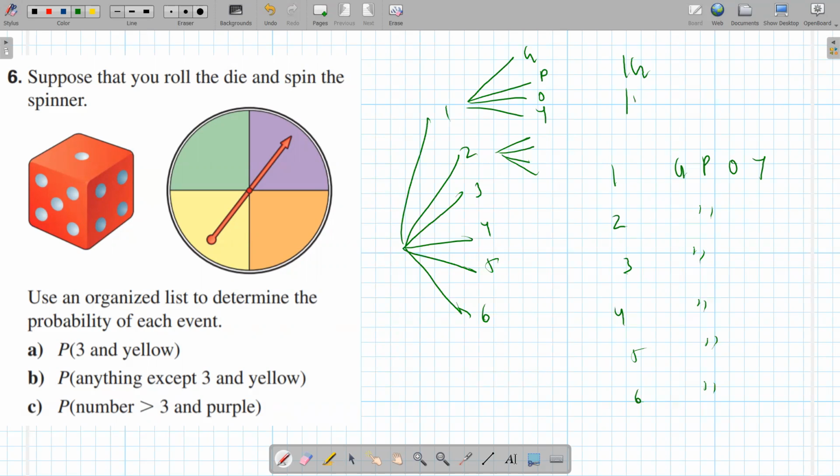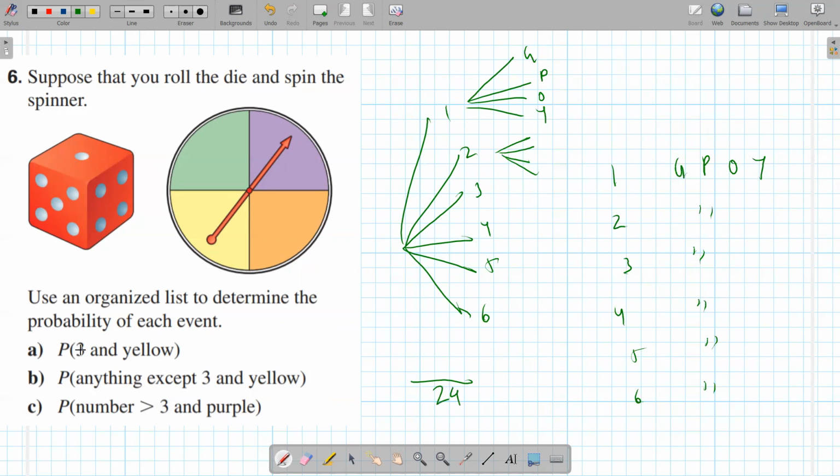This is an outcome, this is an outcome, or 2G, 2P, 2O, 2Y, like that, okay? How many total outcomes are there? 24. Yeah, good, perfect. There's 24 total.